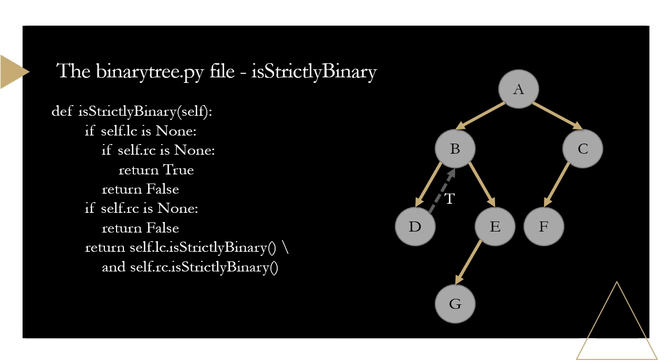It returns true to B. Now B has received answer from its left child. Now it will recursively call the function for its right child, and self will point to E.